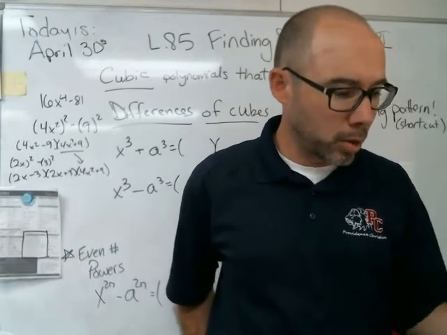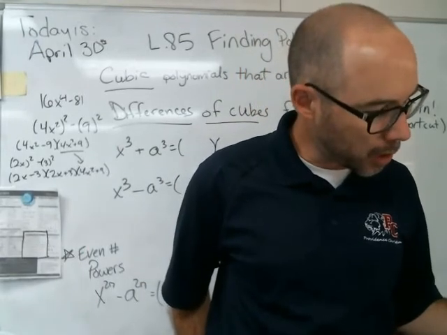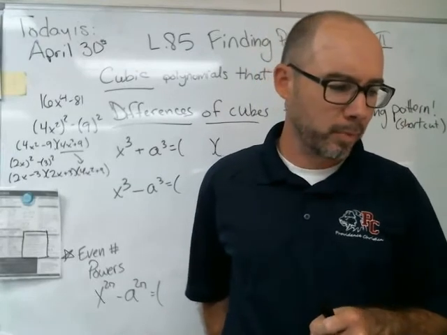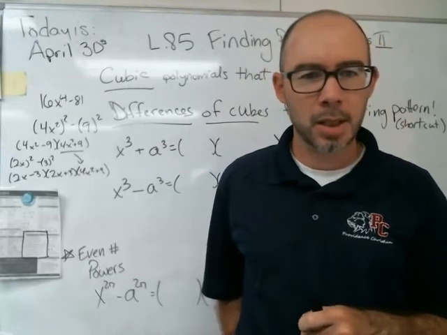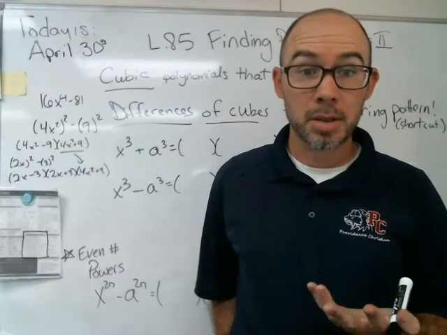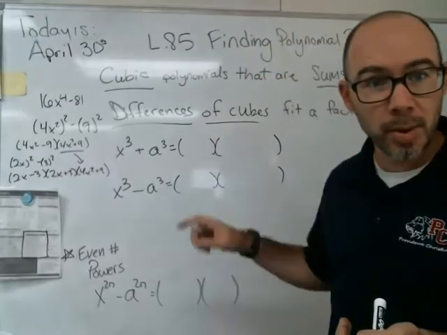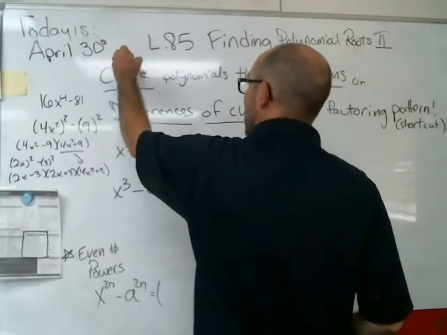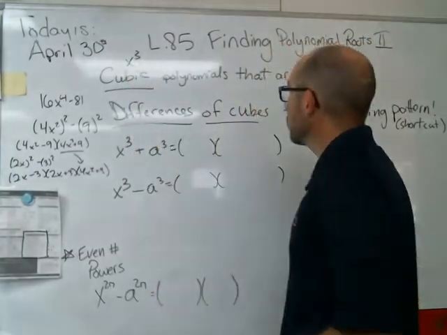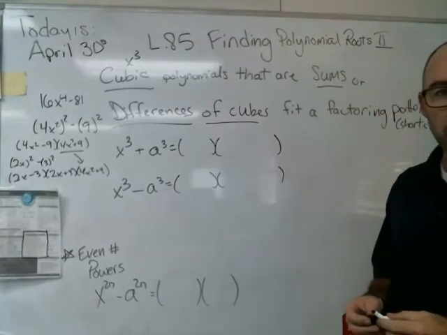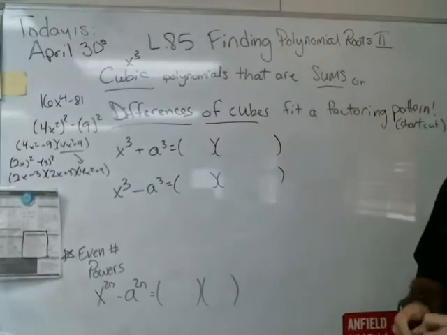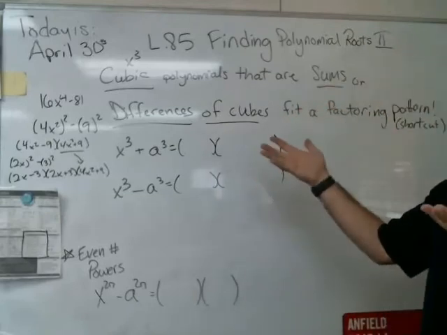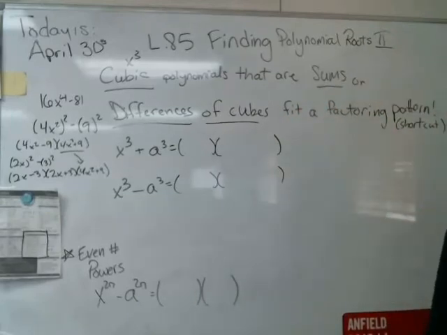I don't think we're looking for complex roots today, but we'll talk about that briefly. The next thing is a bit of review, and that is when we get cubic polynomials, something that's x cubed, and we're looking for ones that are either the sum or the difference of cubes, and there are factoring forms for those.